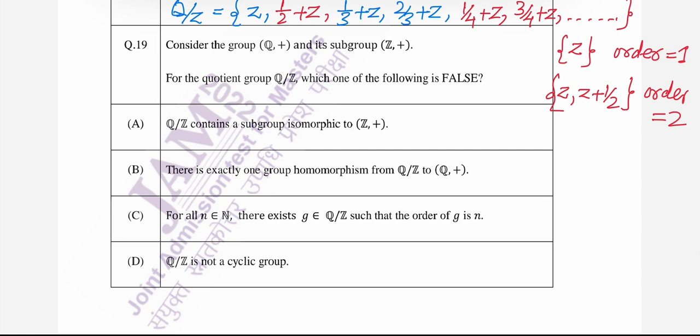Okay, so we arrived at a conclusion that, suppose option A is correct, this means that Q/Z should be isomorphic to Z+. So let us check whether it is true or not.